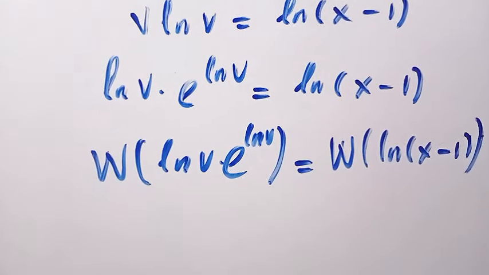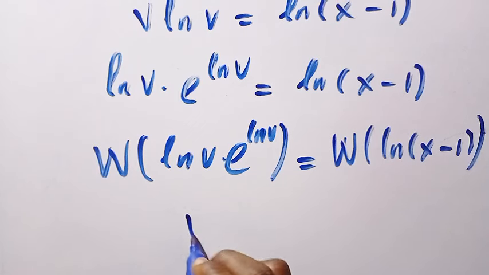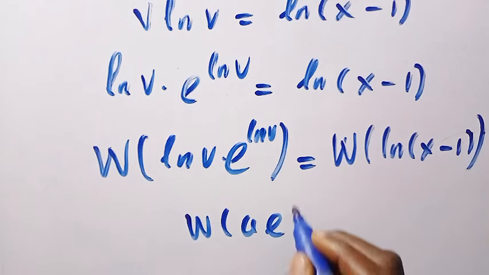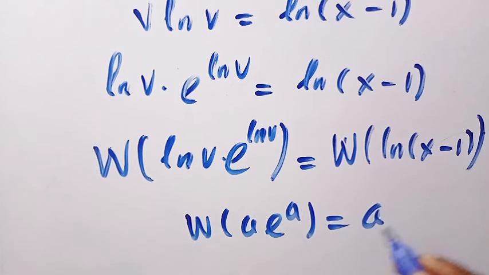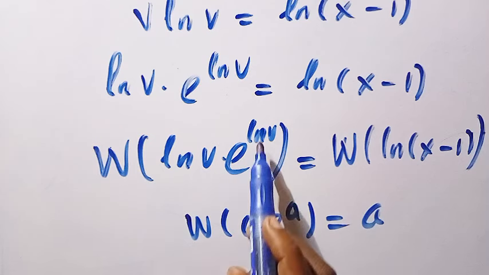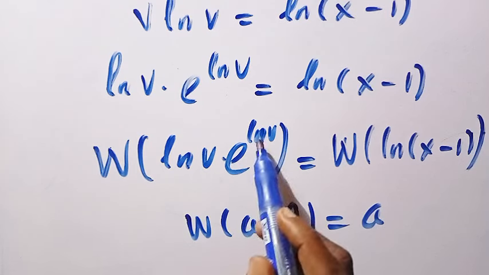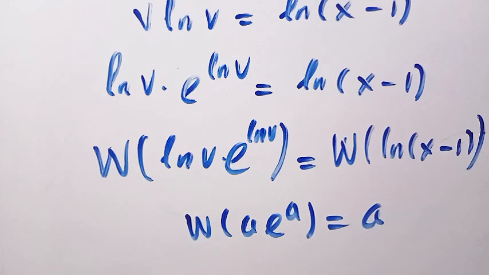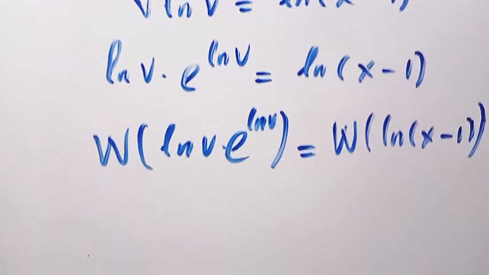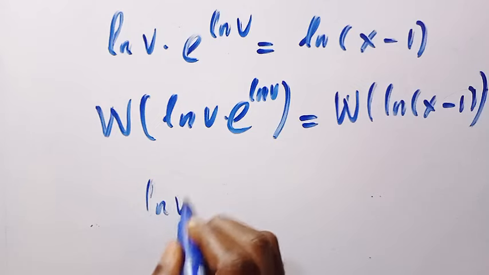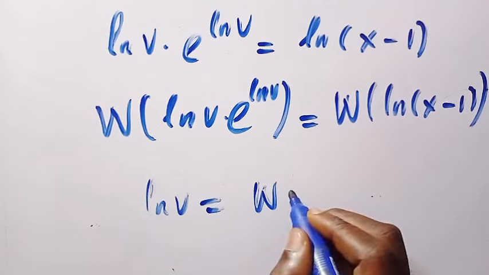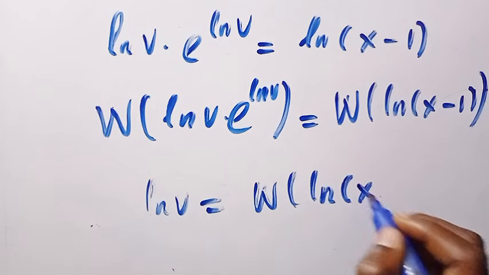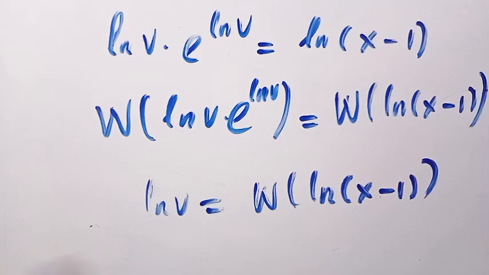The rule here is that W of (a times e to the a) equals a. Since ln v and the power of the exponent are the same, we take only ln v. So we have ln v equals W of ln of x minus 1.